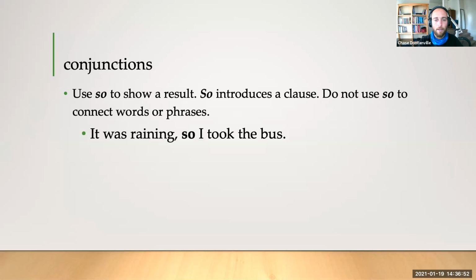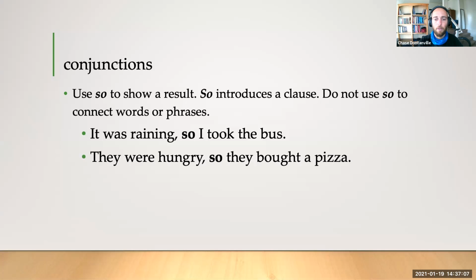So, it was raining, comma, so I took the bus. So I took the bus tells us the result of the other clause. So in other words, because it was raining, I took the bus. They were hungry, so they bought a pizza. So what is the result of being hungry? They bought a pizza.